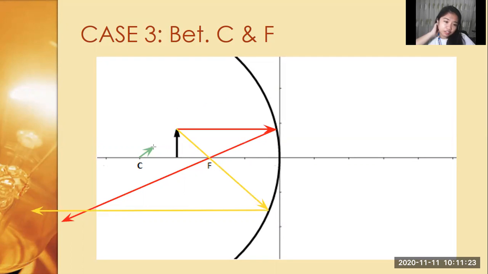Why are we starting from C? It's because if you draw an imaginary line from C to the point of the tip of the object, then it will appear as if it will come from the point of the center of curvature. And then when it bounces back, it's just going to pass through.